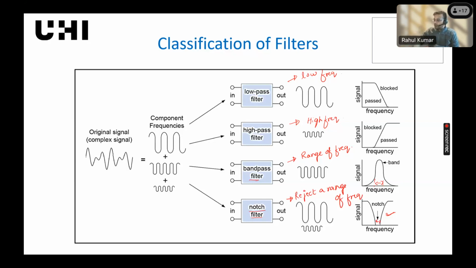It will allow any signal with a frequency higher and lower than this range. Okay, so it's kind of just the opposite of band pass filter. Okay, so these are the four main types of filter.